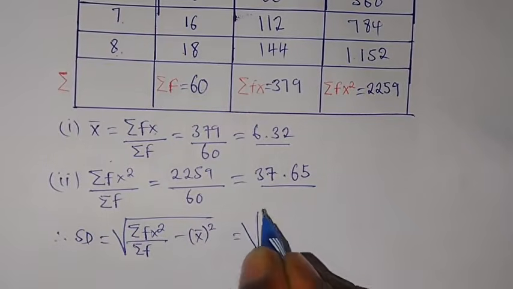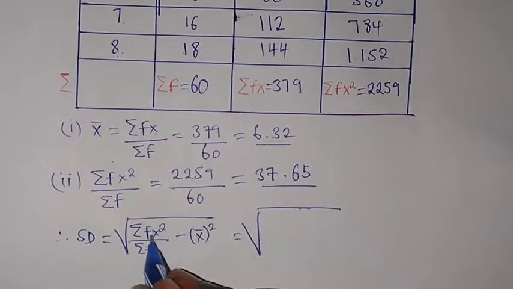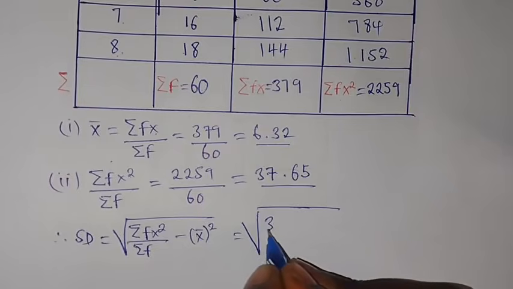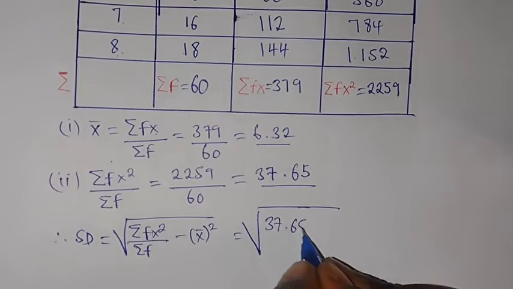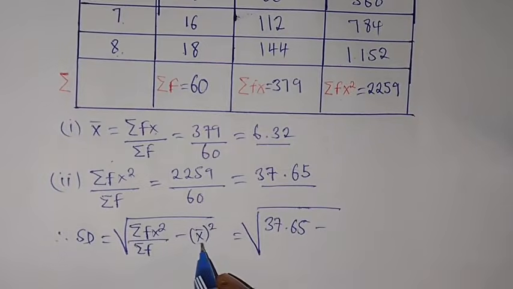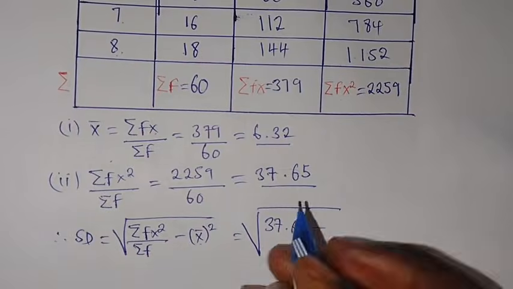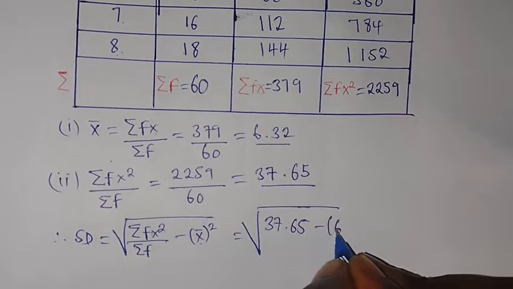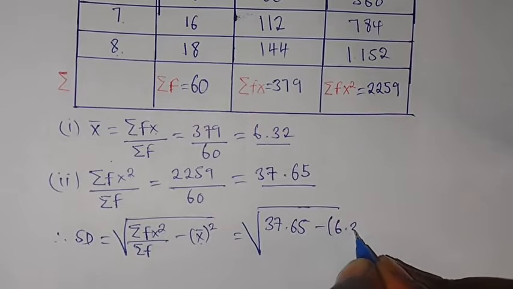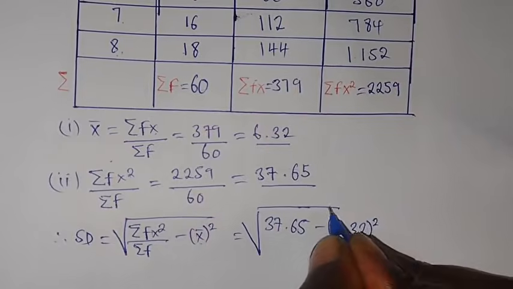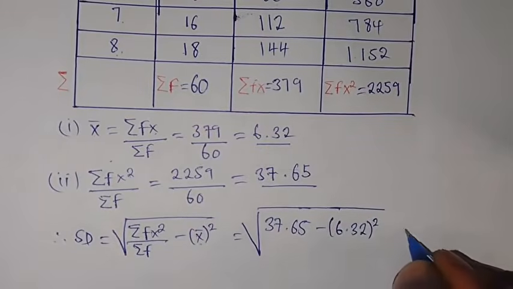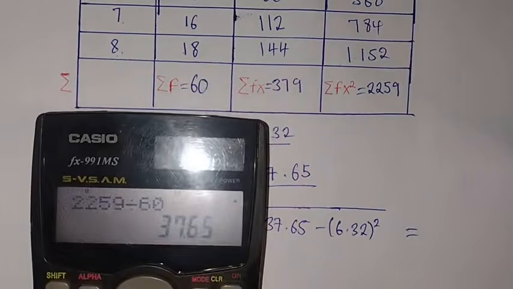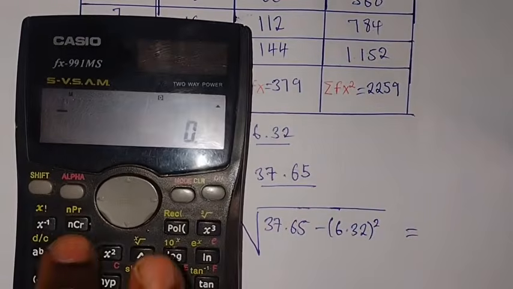So where we have summation of fx squared over f, is this value, 37.65, minus where we have the mean, the mean is this value. So I just write in brackets, 6.32 squared. From here, just get your calculator and punch everything on your calculator.